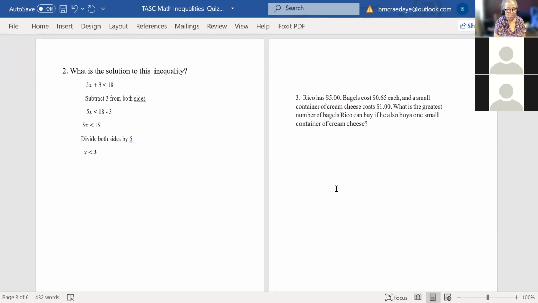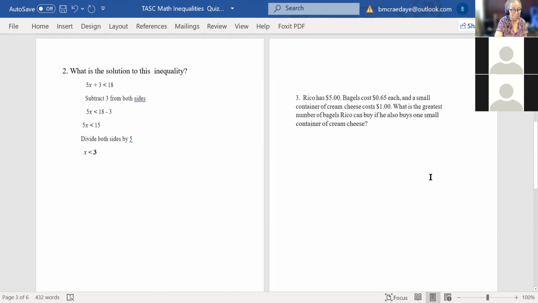Okay. Rico, the total amount of money he has is $5, right? So what is our inequality symbol?